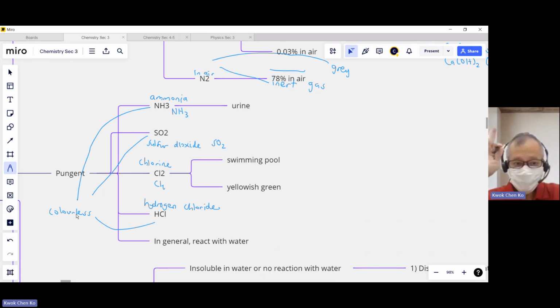Okay, I won't go into that part though. However, the thing you need to know is these pungent gases tend to react with water. Okay, so keep that in mind. This is an important fact. Once they can react with water, you cannot collect them by running them through water, as you should see later on.